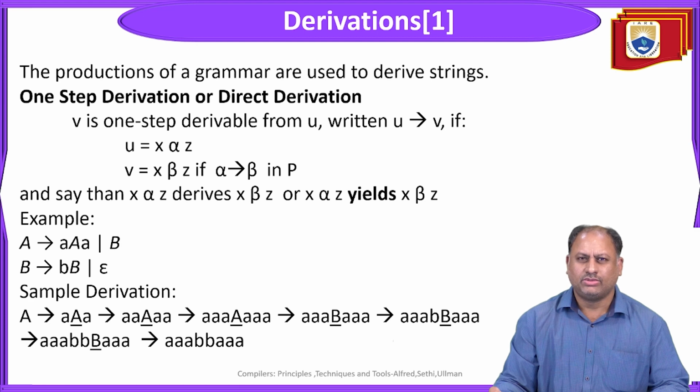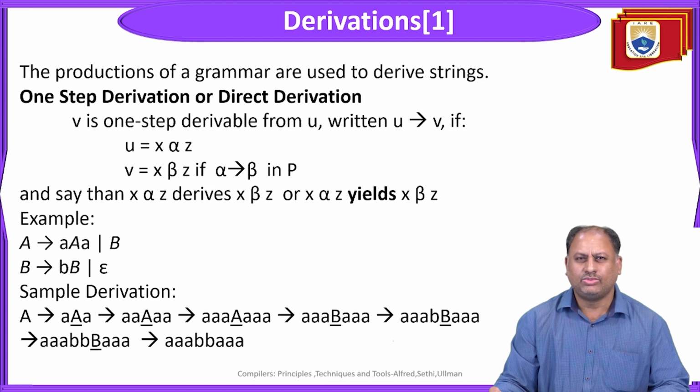Sometimes by applying these production rules, we may derive a certain set of strings also. That derivation of the strings from the given productions of the grammar may apply differently. That is called one-step derivation or direct derivation.